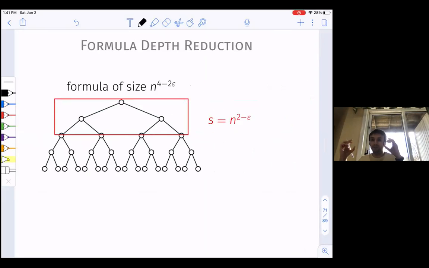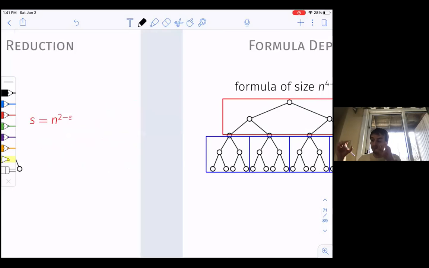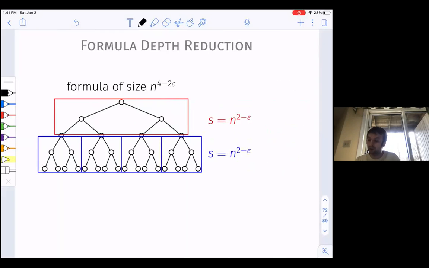I can rewrite every De Morgan formula of size n^(4-2ε) as a top part of size square root of it, that is of size n^(2-ε), and all bottom formulas, all small formulas, will also be of size square root of it, that is of size n^(2-ε). So every formula of size n^(4-2ε) can be rewritten as a top formula of size n^(2-ε) of small formulas, each of the same size.